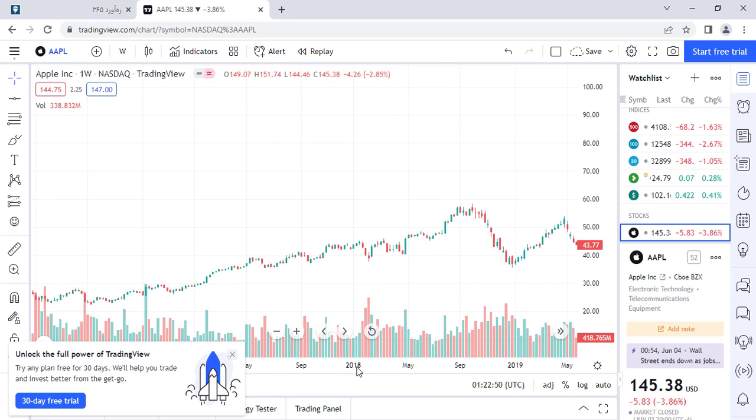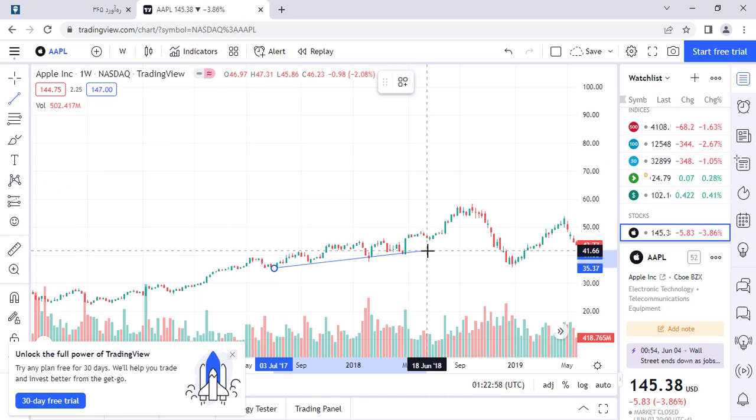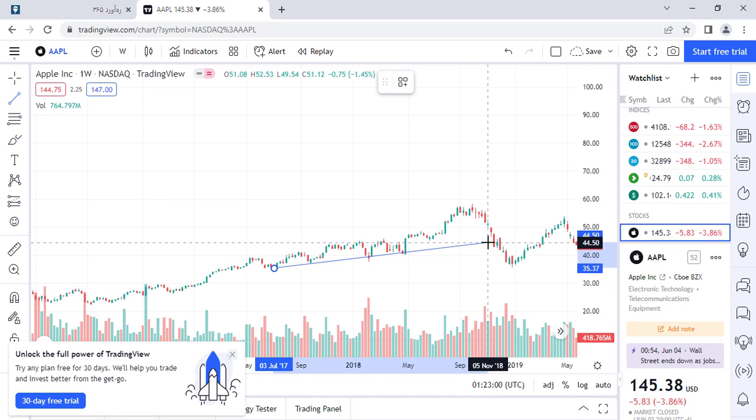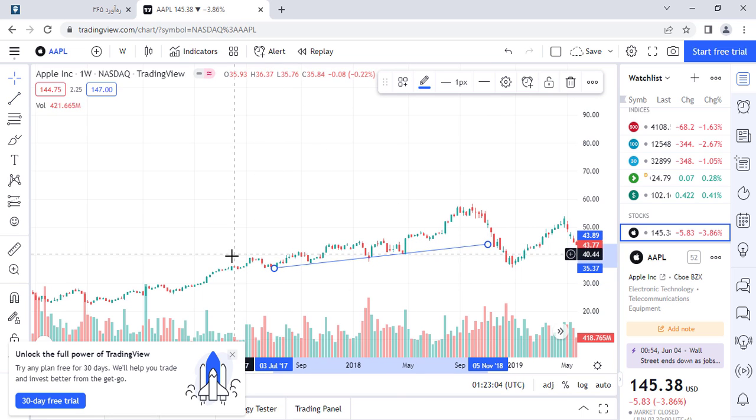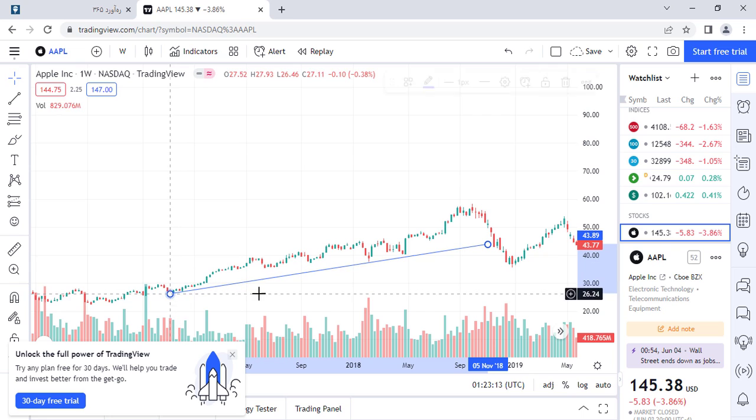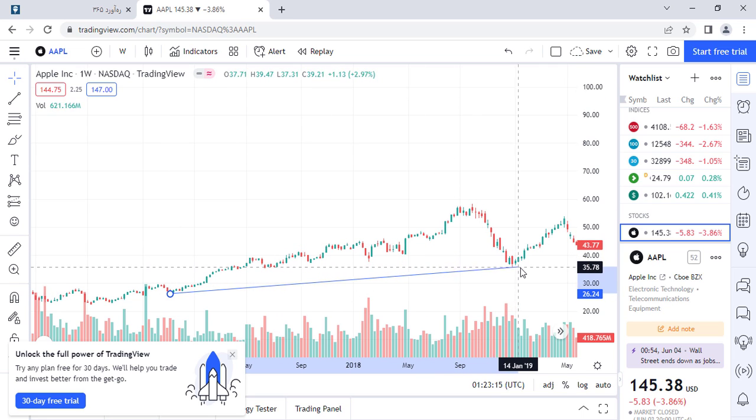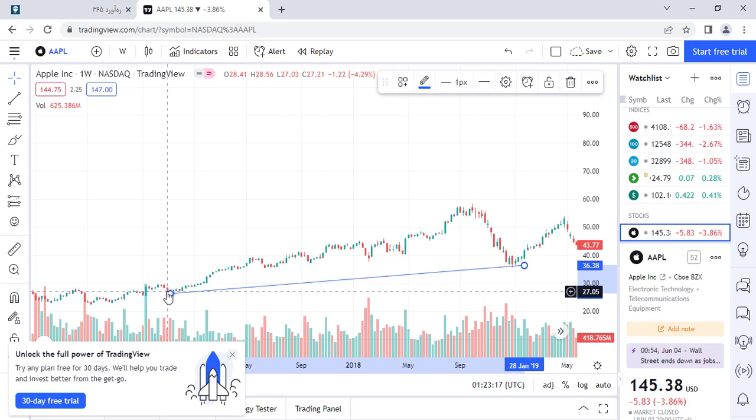For example, let's see this line here. You can see in an upward trend, the bottom line has a better performance in the chart patterns.